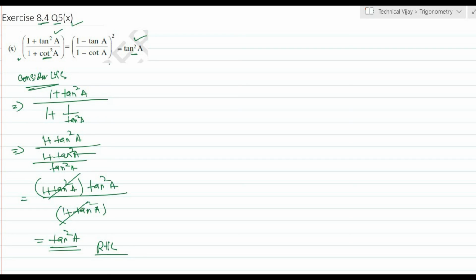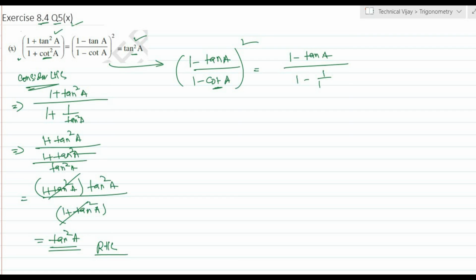So we will consider this one: 1 minus tan A divided by 1 minus cot A, whole square. Again this cot can be converted into tan. 1 minus tan A divided by 1 minus 1 divided by tan A, whole square.